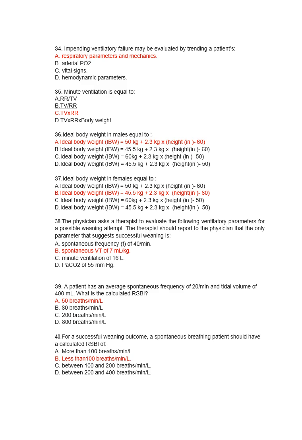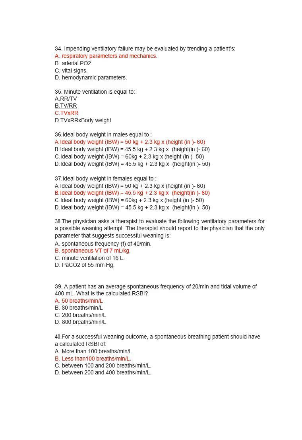Next question. A patient has an average spontaneous frequency of 20 per minute and tidal volume of 400 ml. What is the calculated RSBI? So RSBI is the rapid shallow breathing index, and here it is 400 ml and 20 per minute. So the answer is 50 breaths per minute per liter. Basically it is a ratio of the frequency by the tidal volume in liters. So it will be 20 divided by 400 by 1000, that is 20 into 1000 by 400, which comes to 50.